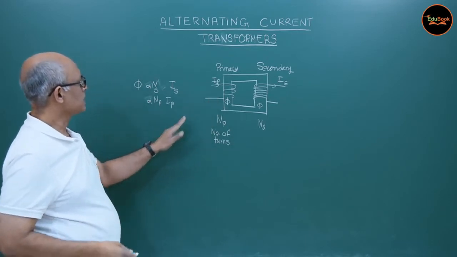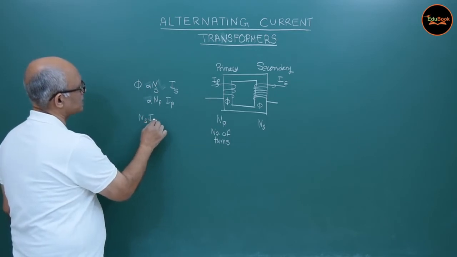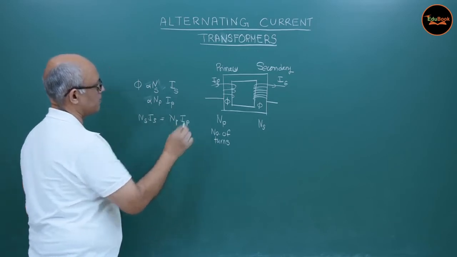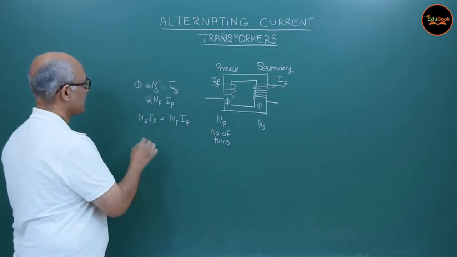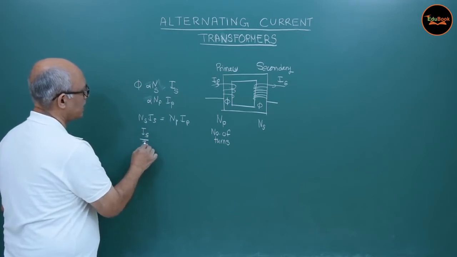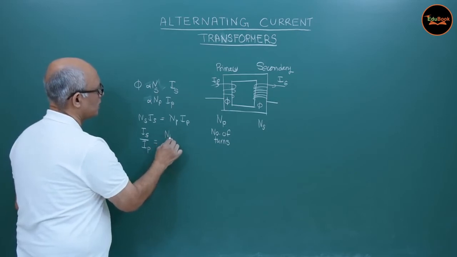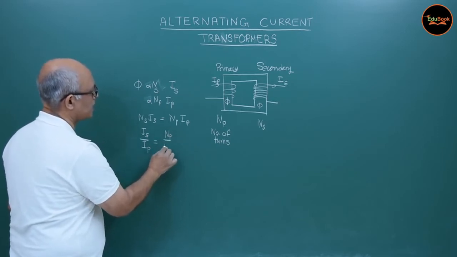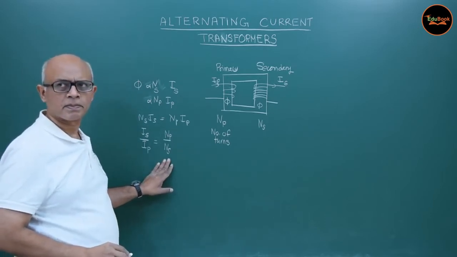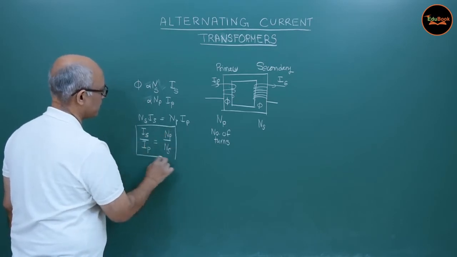Based on this, we can say that NS IS is equal to NP IP because they are seeing the same flux. So secondary current divided by the primary current will be equal to number of windings on primary side divided by the number of windings on the secondary side. So that is one relationship we can get from here directly.